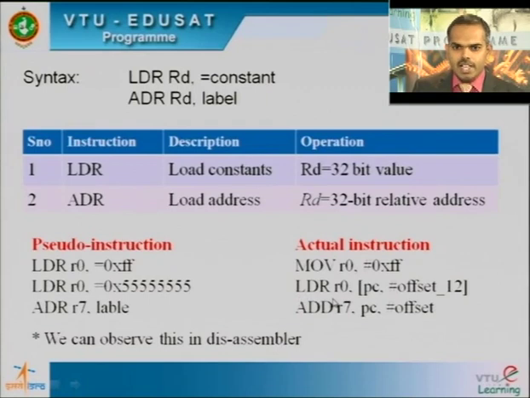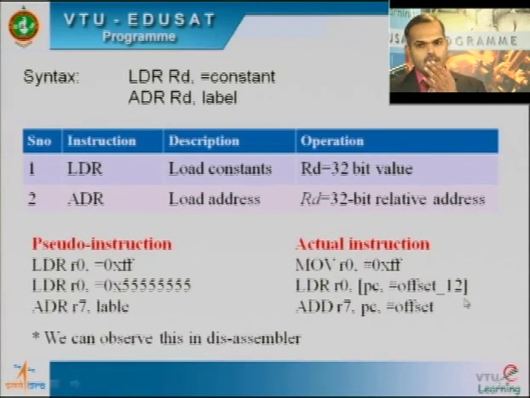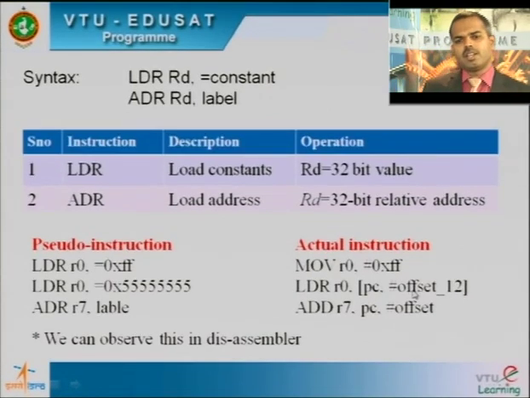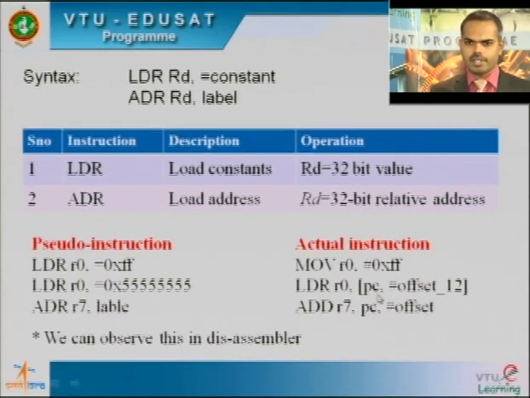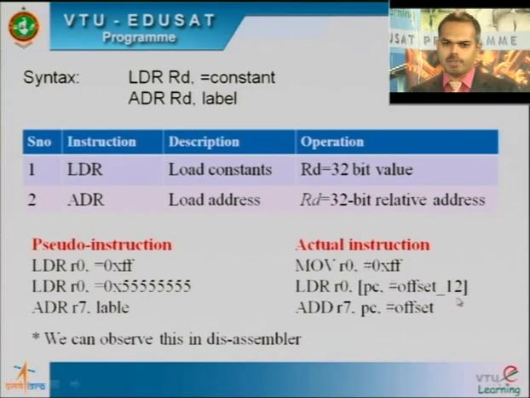LDR R0, [PC, #offset_12]. That means PC plus 12 bits of offset. That's the meaning of this [PC, #offset_12]. So if I write this instruction LDR R0, =0x55555555, internally it gets converted to LDR R0 with this value.